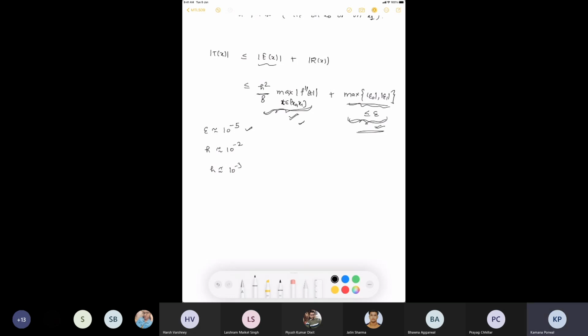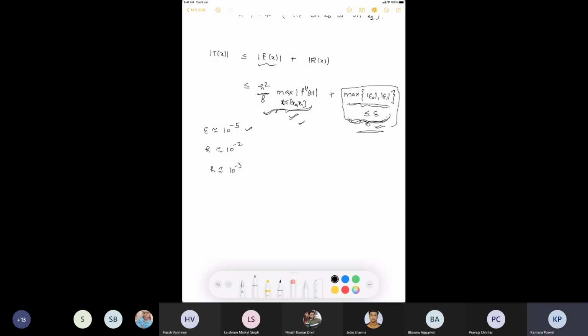Okay, so depending on the epsilon, you might have to choose h to be very small for your interpolation error to dominate. If the round-off errors are larger than your interpolation error, then they are going to dominate your total error.